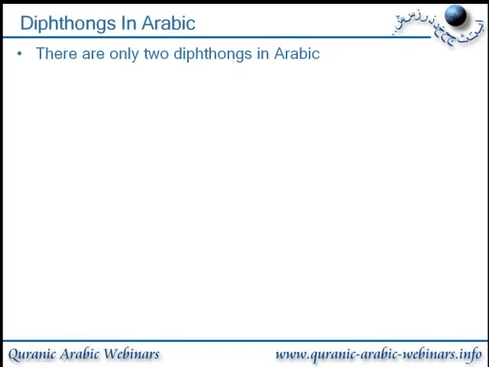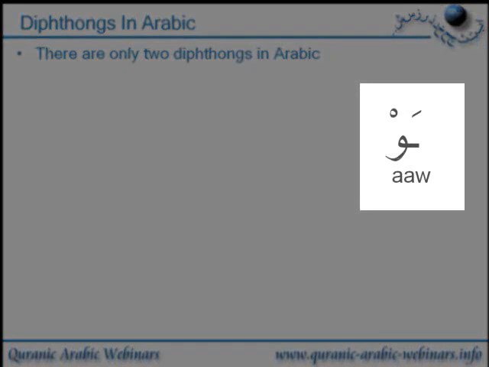So in Arabic, there are two ways to form these sort of gliding sounds that go into each other. The first one is whenever you have a letter with a fatha followed by a waw with sukoon. So again, this sukoon, the round circle, this is a computer font version.